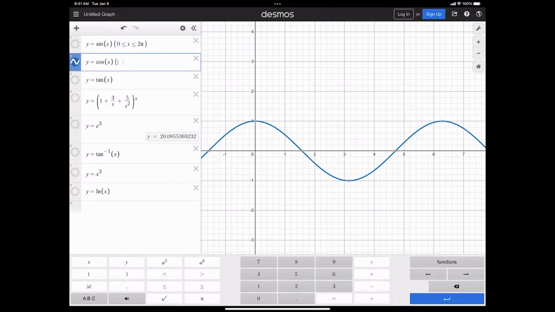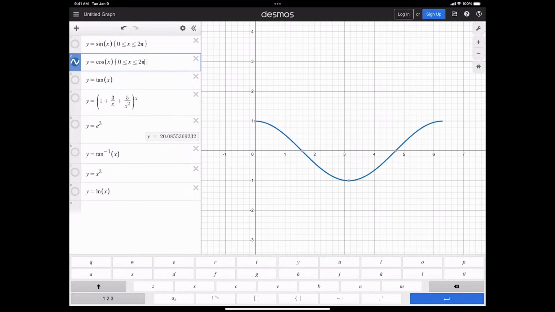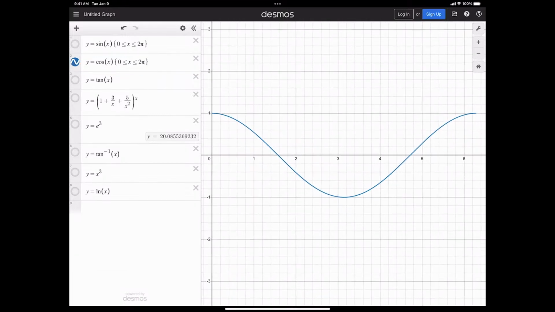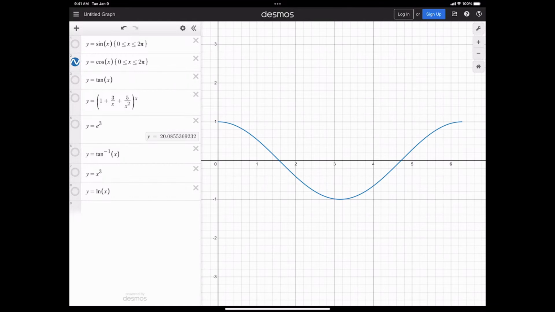That's going to be from 0 to x to what? It should be a pi symbol, but I guess they want us to spell it. To 2 pi. So this is cosine for the interval of what? 1 cycle. Okay, so take a look at that.